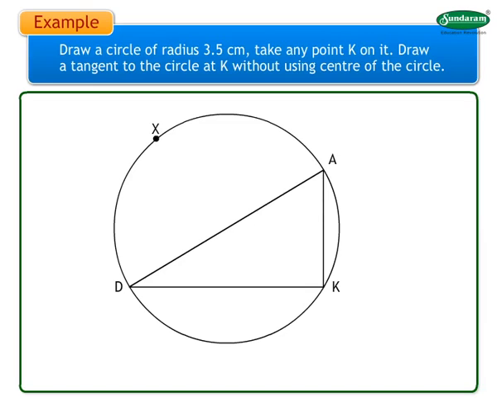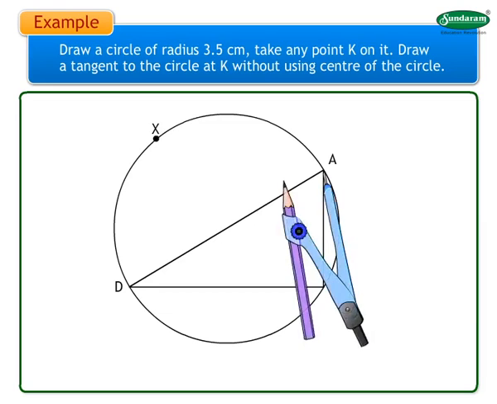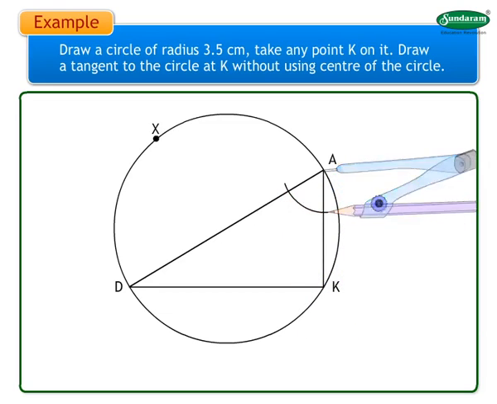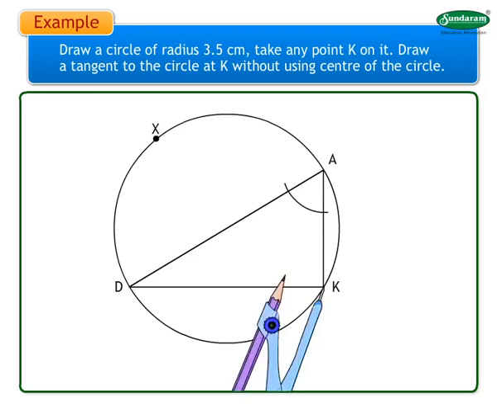Now taking a convenient measure on compass, keep the points of compass on vertex A and draw an arc passing through sides AD and AK. Use the same measure and at vertex K, using DK as one side, draw an arc bisecting side DK.